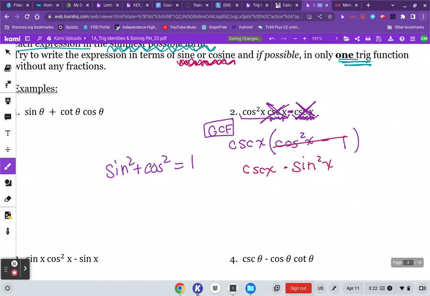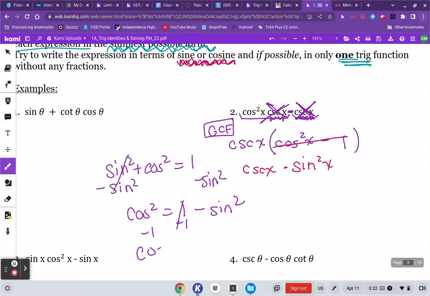So if I subtract the sine squared from both sides, I get cosine squared equals 1 minus sine squared. Then subtract the 1 over here. Very good. So it's actually a negative sine squared.